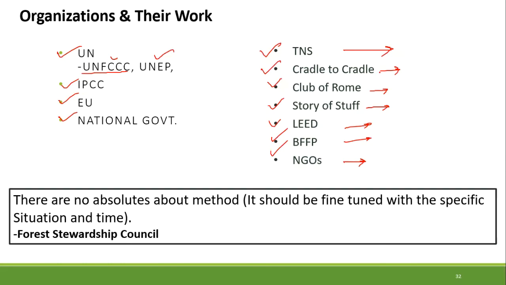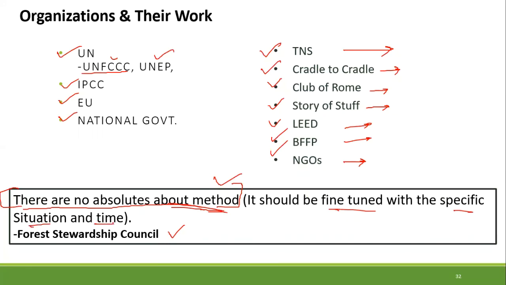But the only caution that I want to give you is this quote from the Forest Stewardship Council, which says that there are no absolutes about method. So whenever you consider any method, it is not absolute, and it should be fine-tuned to the specific situation and time.